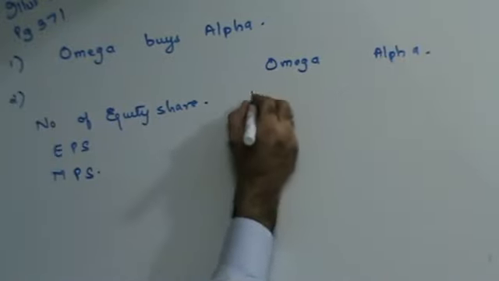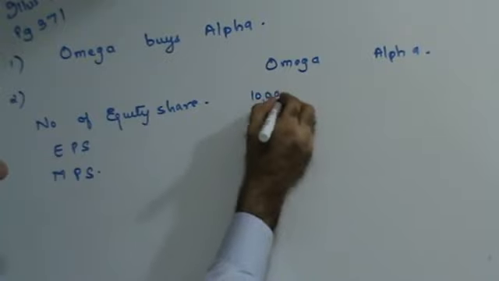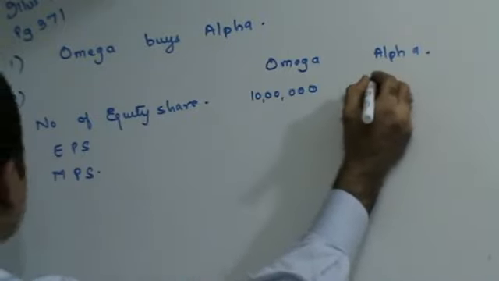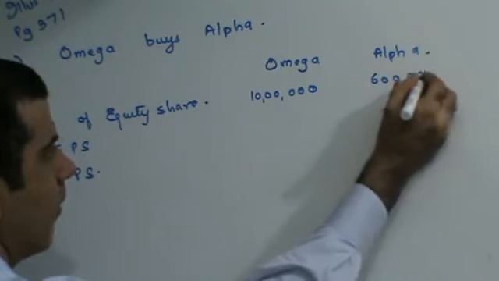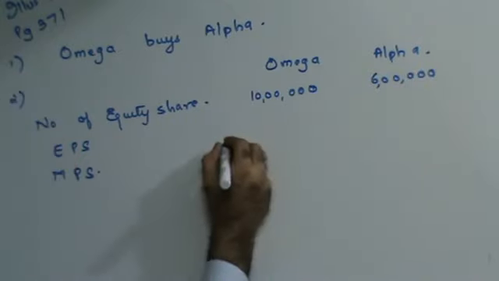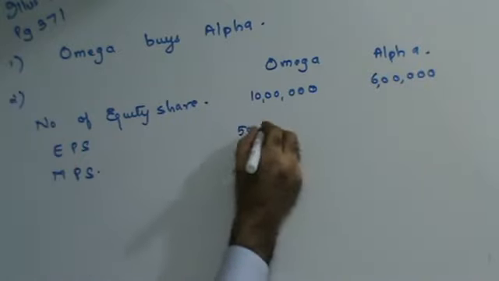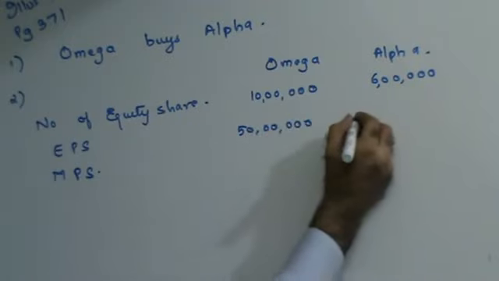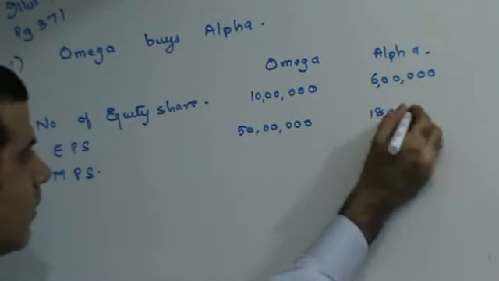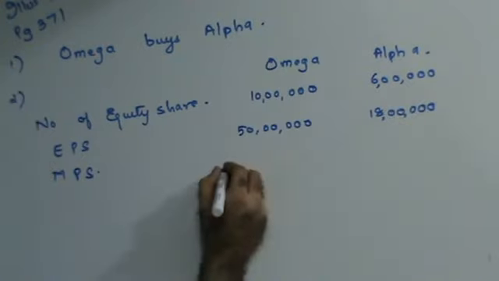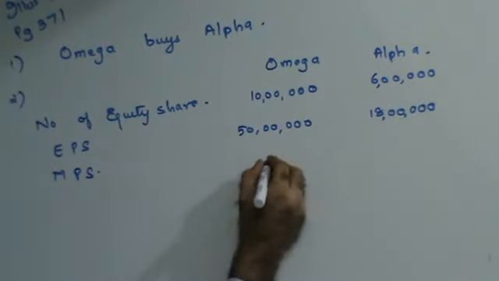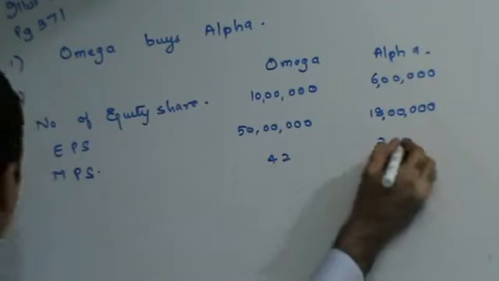Number of shares are 10 lakhs and 6 lakhs. EPS is 50 lakhs and 18 lakhs, and MPS is 42 and 28.